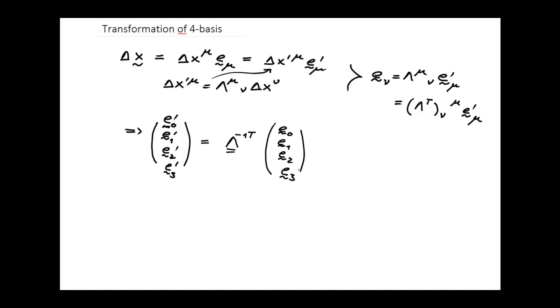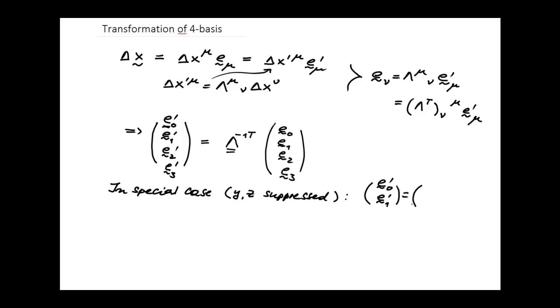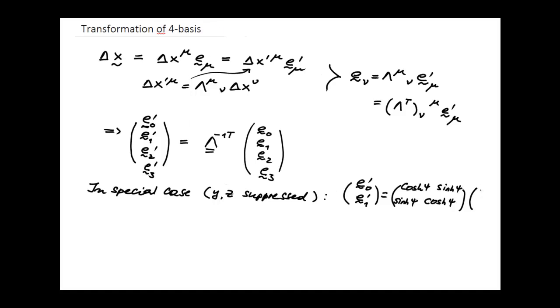In the special case with two spatial dimensions suppressed, we find that basis vectors E0 primed and E1 primed are equal to hyperbolic cosine of psi in the diagonal, and in the off diagonal a plus hyperbolic sine, acting on E0, E1, the unprimed basis.